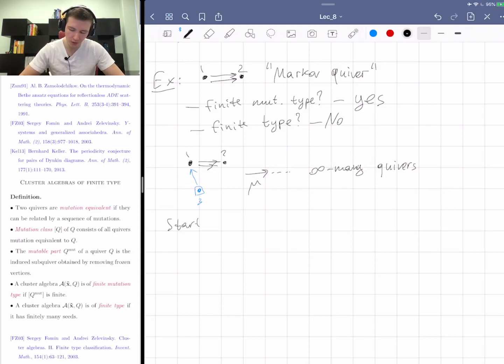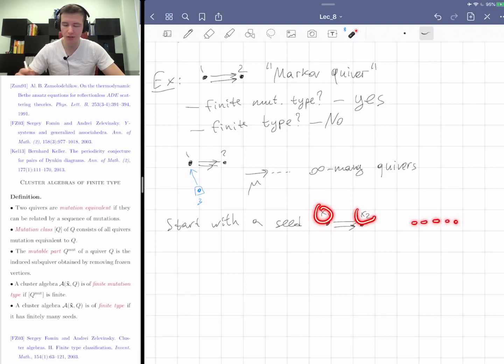Let's say x1 and x2, just arbitrary variables, and then as I keep mutating, I should check that I get infinitely many different seeds. But instead of starting with arbitrary variables, let me just set x1 equals x2 equals 1.